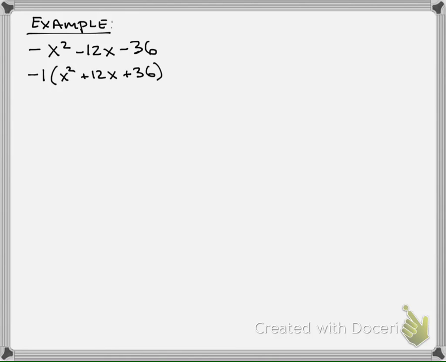So 1 times 36 is 36. We're going to write the factors of 36. So 1 and 36, 2 and 18, 3 and 12, 4 and 9, 6 and 6. Here the signs are the same, and they're both going to be positive.